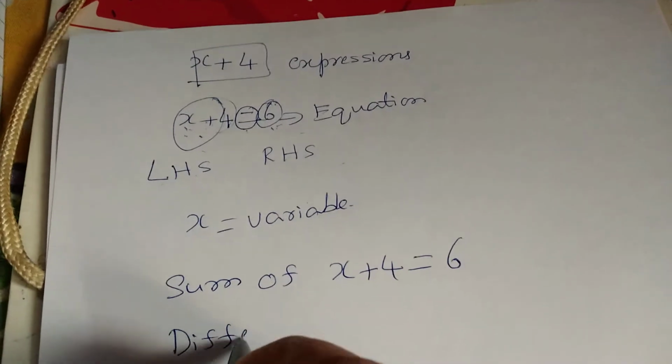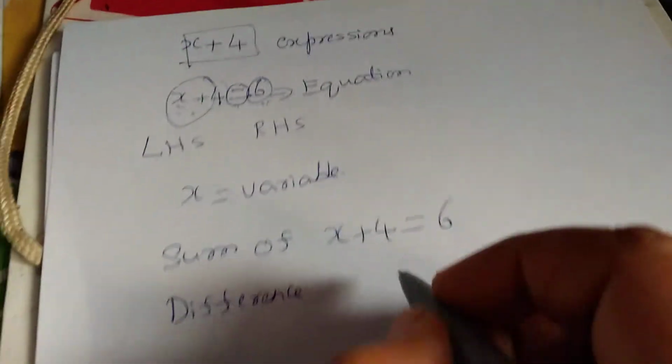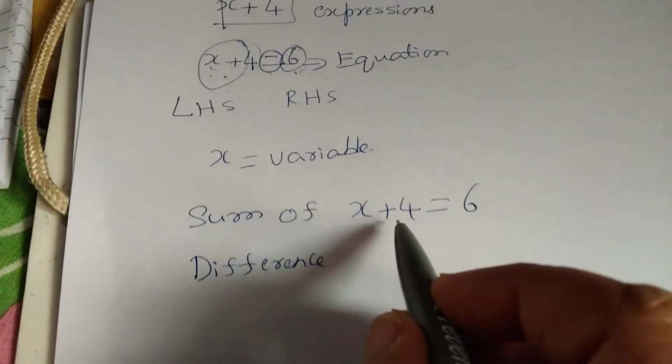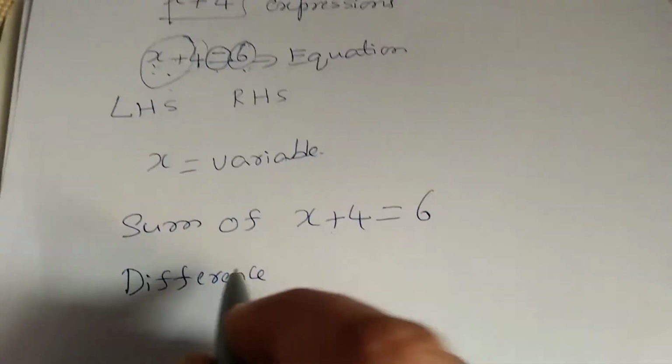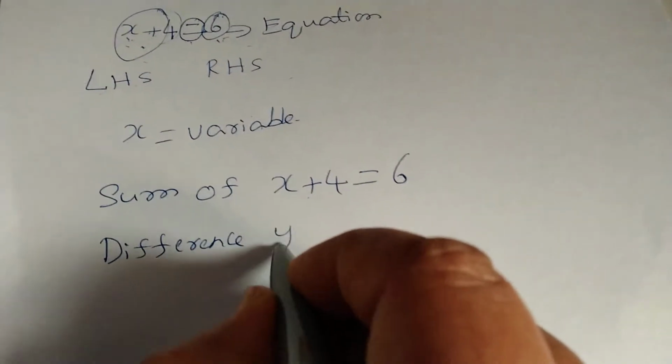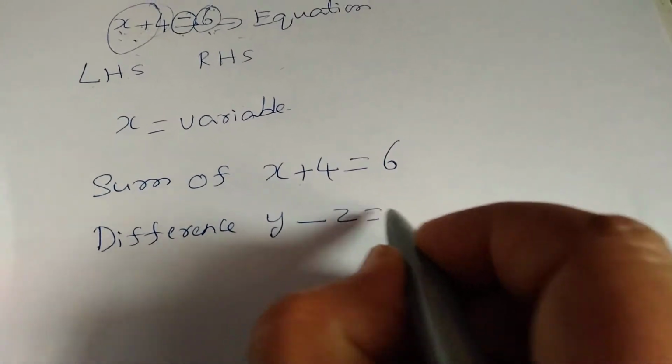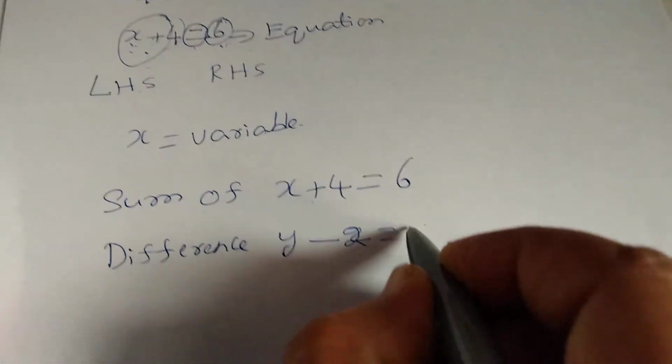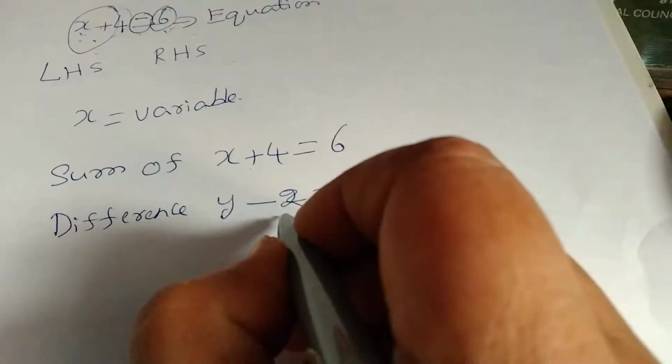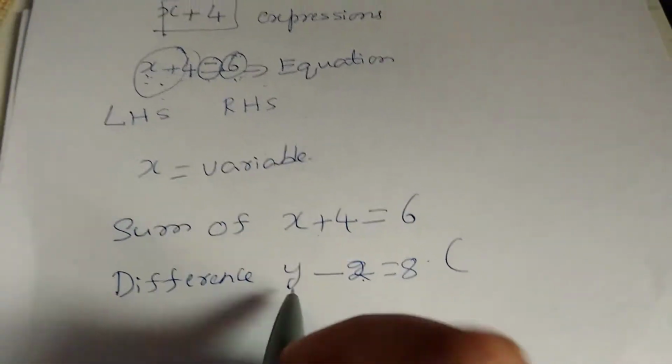The difference: how can we form the equation? Sum means add, or difference means subtract. y minus 2 is equal to 8; here 2 is taken away from y.